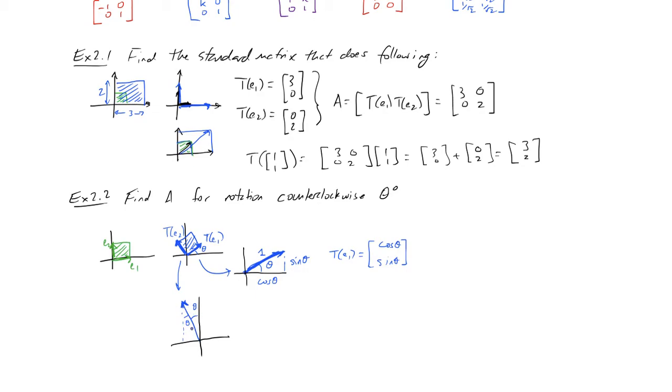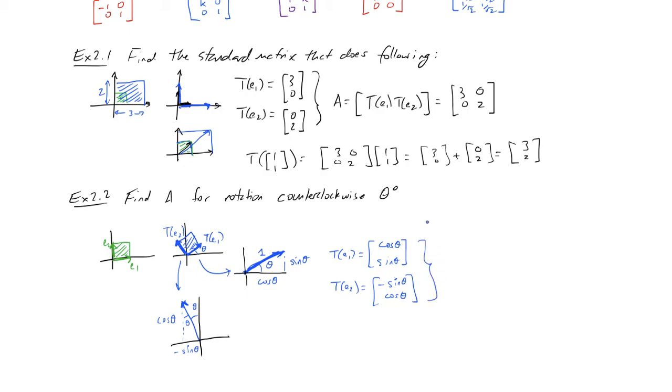That's just a fact of geometry. And so the vertical side is going to be the cosine of theta, and the horizontal side is going to be negative sine theta because it's going backwards in the x direction. So TE2 is going to be negative sine theta, cosine theta.